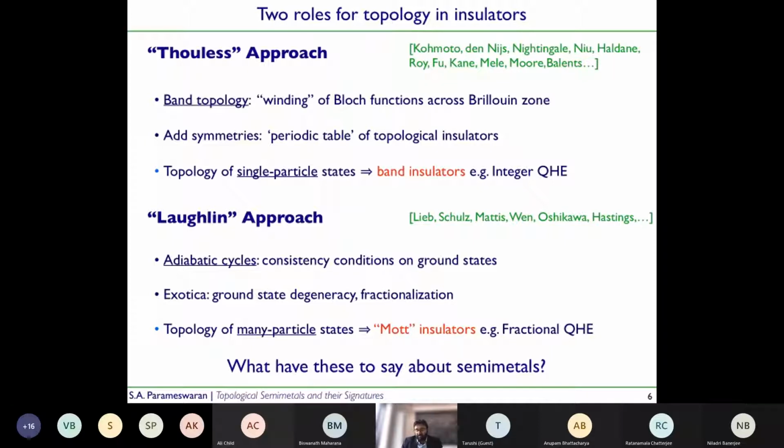So if you like, the Thouless approach says take the properties of those wave functions seriously, and in particular, rather than look at local details of the wave functions, you ask some sort of subtle questions about how those wave functions, these Bloch functions that you get by solving the Schrodinger equation in a periodic potential, how those Bloch functions wind as you move across the Brillouin zone.